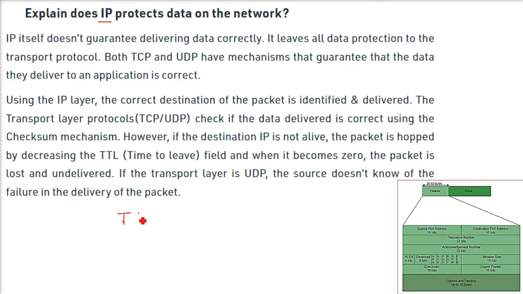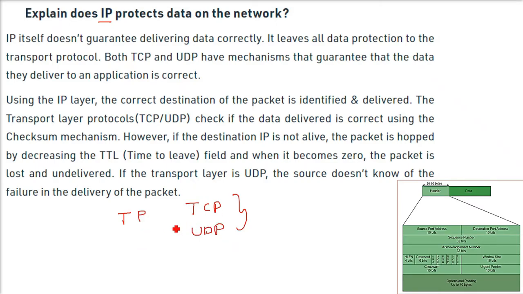Now TCP and UDP, Transmission Control Protocol and User Datagram Protocol, have mechanisms that guarantee that the data they deliver to any application is correct. How do they do it? They use a checksum. So in the UDP and TCP header we have the checksum.